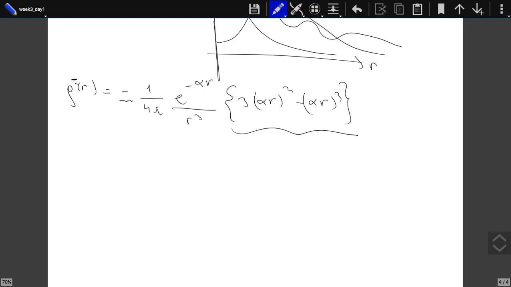What does that function look like, that part only? Let's say as a function of x, 3x squared minus x cubed. Of course, there's also the exponential, but the exponential doesn't change the sign.